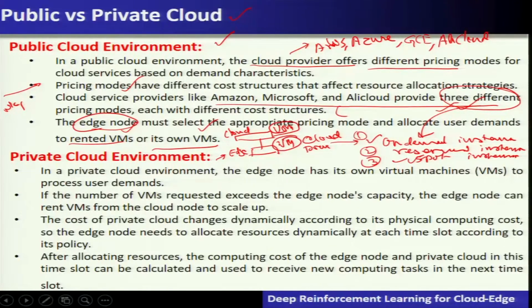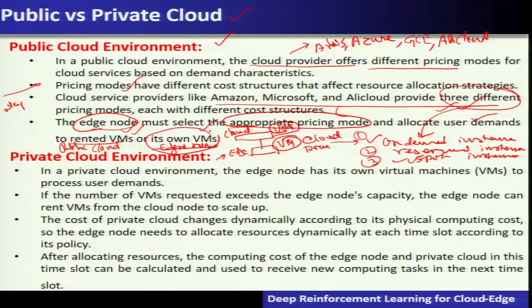That means the resources either come from the edge or from the cloud, and it has to decide. When it goes for virtual machines to be allocated from the cloud, it has to decide what the appropriate pricing mode is, and then allocate based on the user demand. That is called a rented virtual machine if the resources come from the public cloud, and it is called an own virtual machine if the resources come from the edge node.